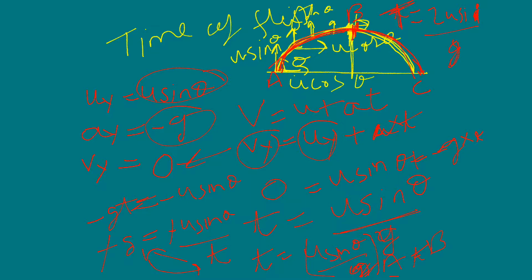Now the second derivation we will do is for the maximum height, or y max. In the same projectile, we have to find this maximum height, or y max, meaning how much maximum height it has attained along the y direction.